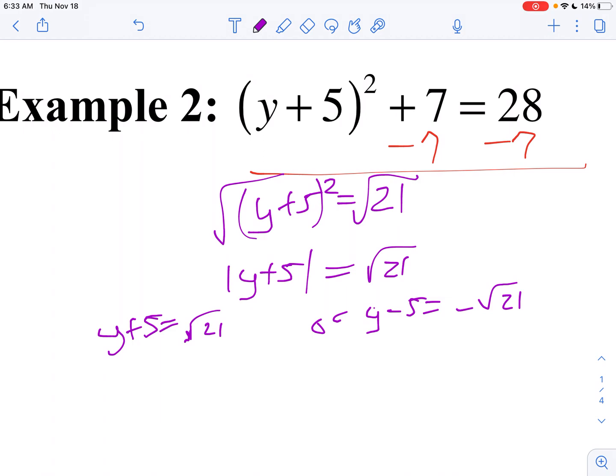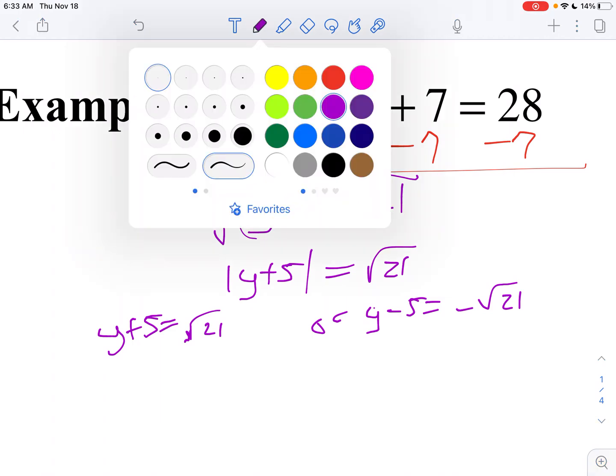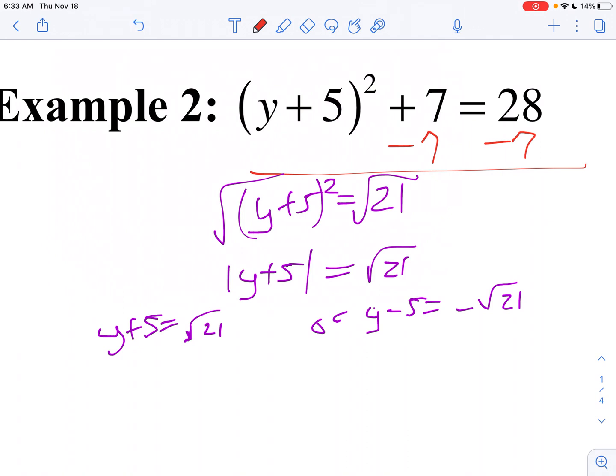So then what I'm going to do is subtract 5 from both sides. So then y equals negative 5 plus the square root of 21.